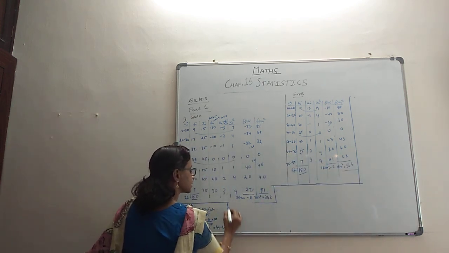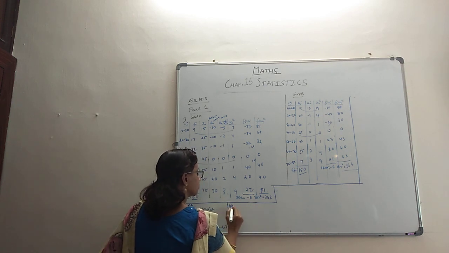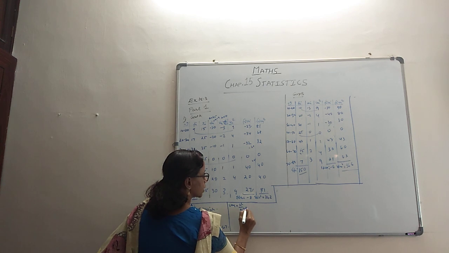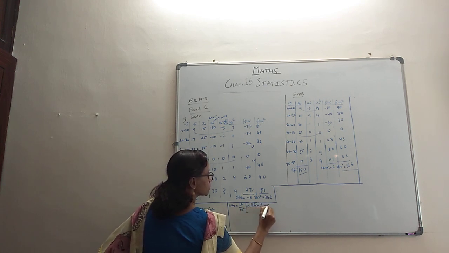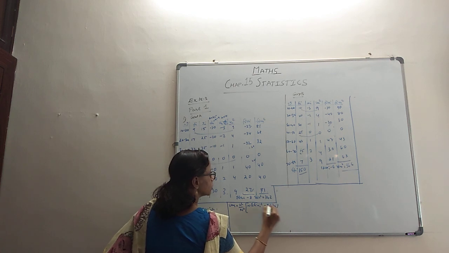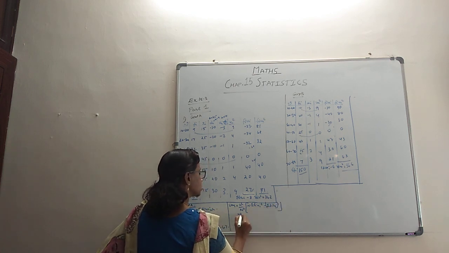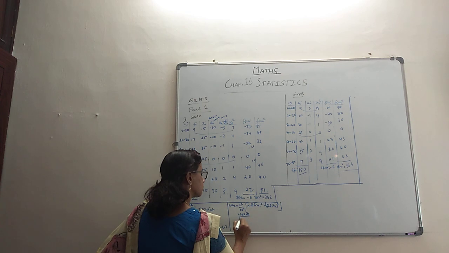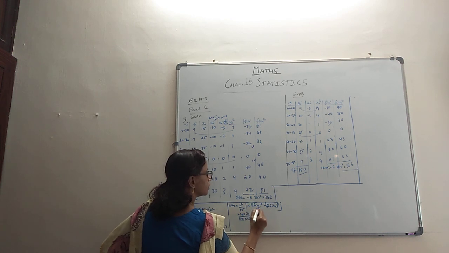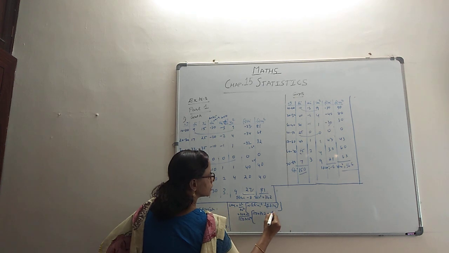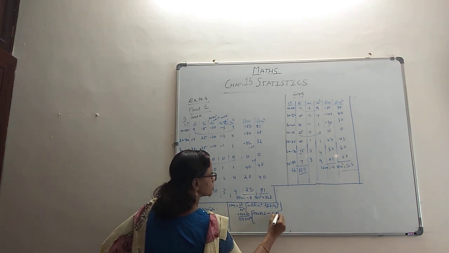So obviously our next step is to get the variance. Variance for us is h squared by n squared, n times summation fi ui squared minus summation fi ui the whole square. So let's check. H for us is 10. This is 150 into 150. N for us is 150 and summation fi ui squared is 342, and this is minus 8 the whole square.